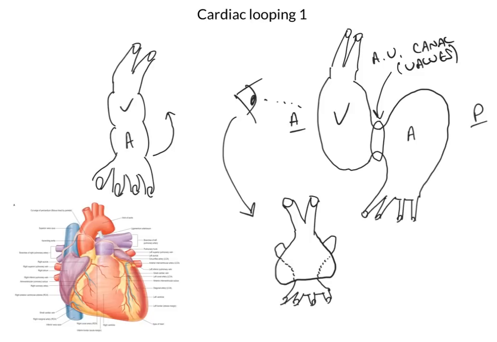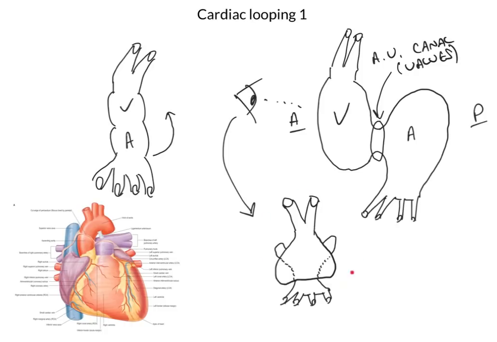To recap, here's the truncus arteriosus on this anterior view. Here is the sinus venosus. This is the primitive ventricle sitting relatively anteriorly, as we said in the side view. And we can see the atrium sitting behind the primitive ventricle with these two small protuberances visible to the sides.